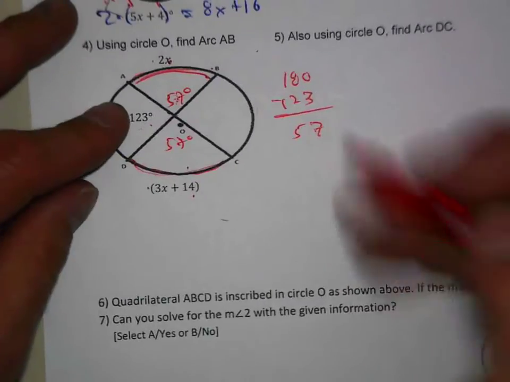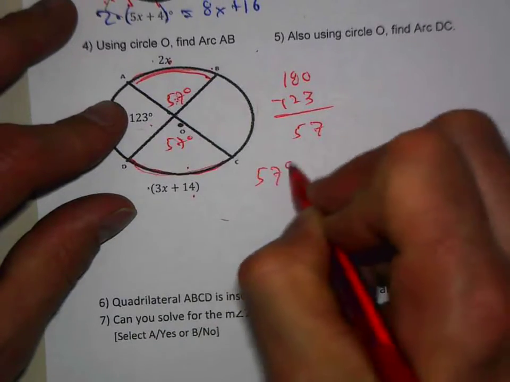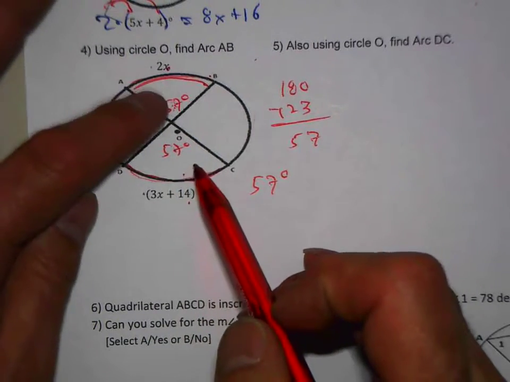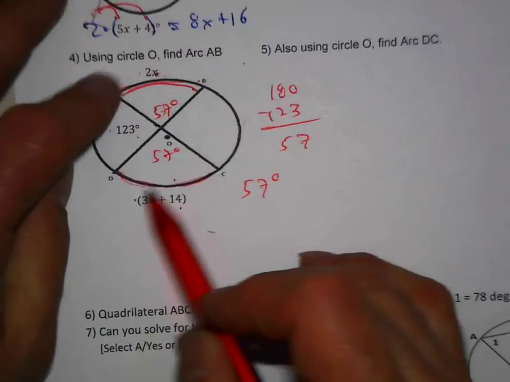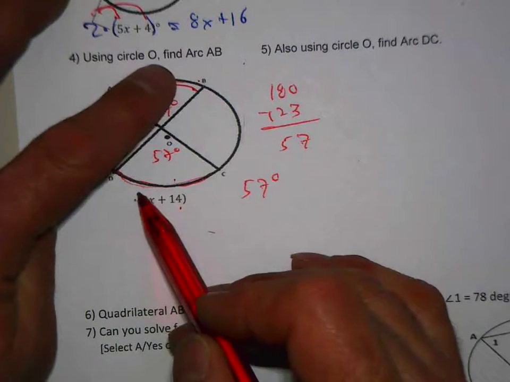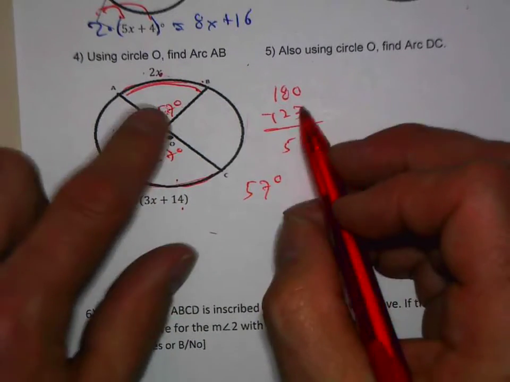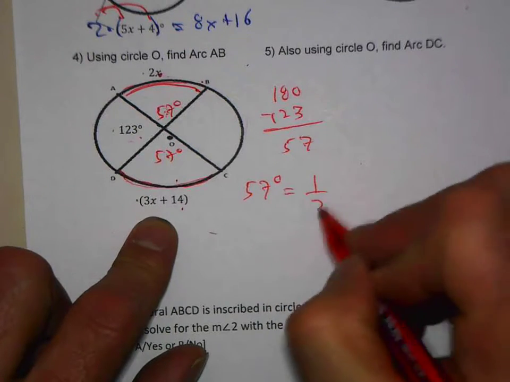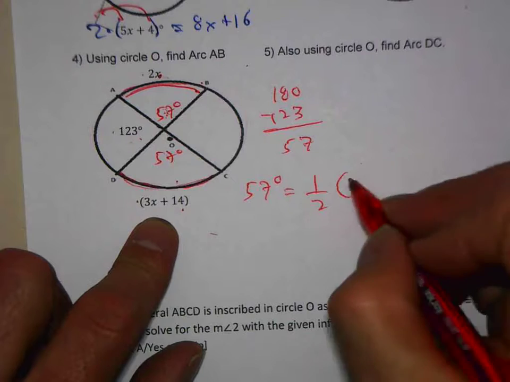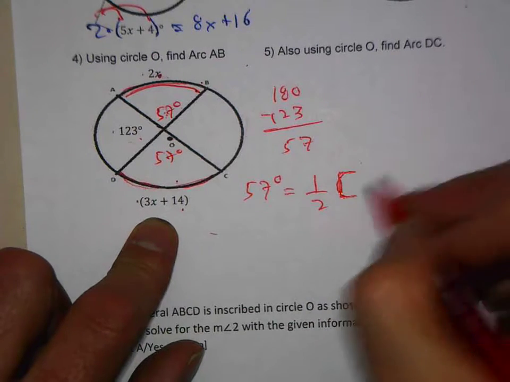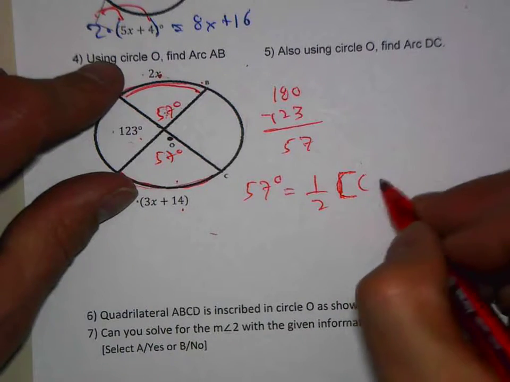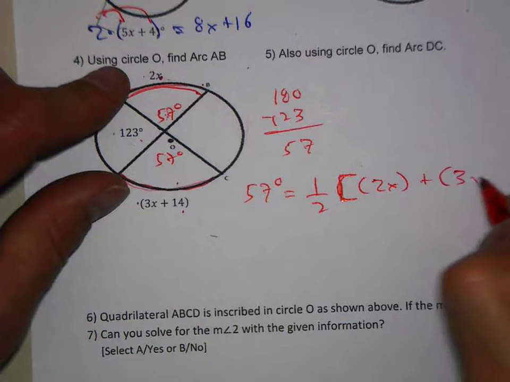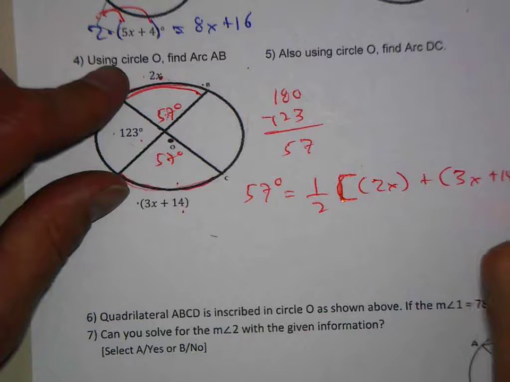So, what was our formula to figure out the relationship between your inside angle and your corresponding intercepted arcs? The inside angle, in this case 57, equals 1/2 the sum, so let's use square brackets, the sum of your intercepted arcs: 2x plus 3x plus 14.